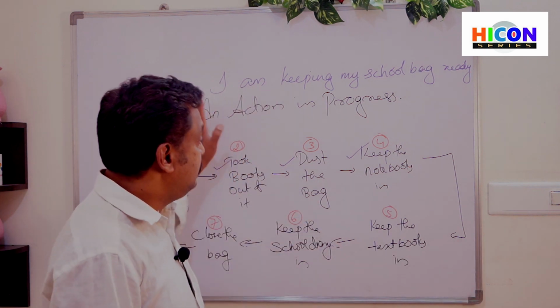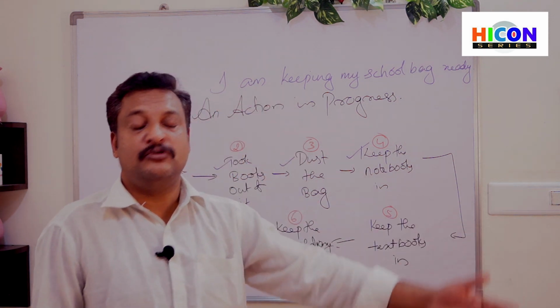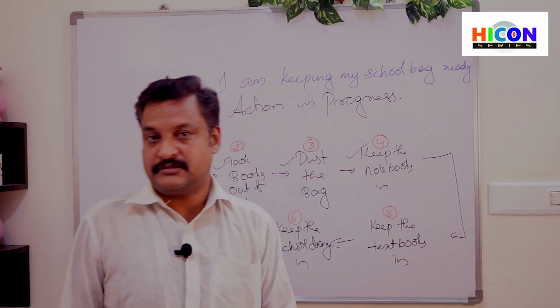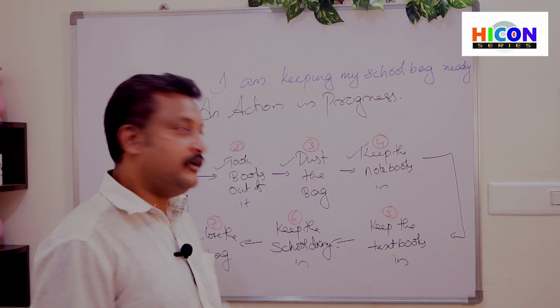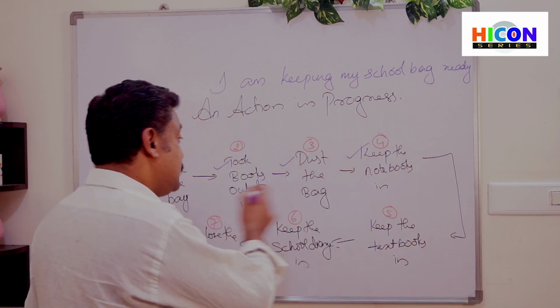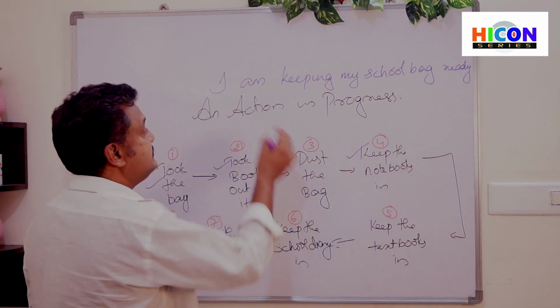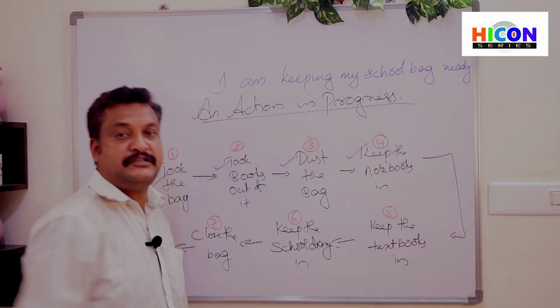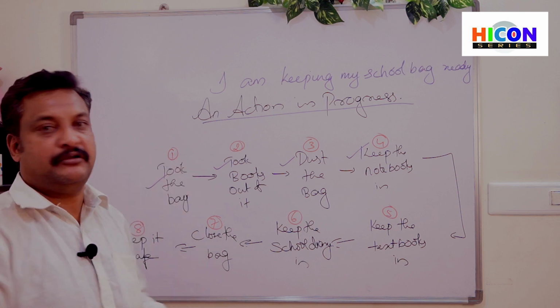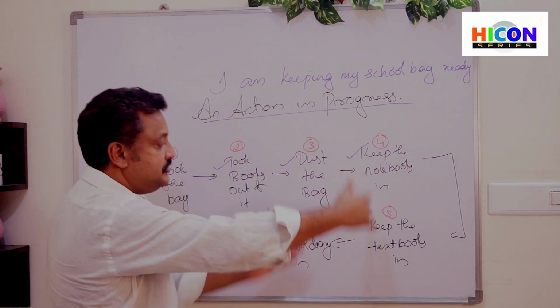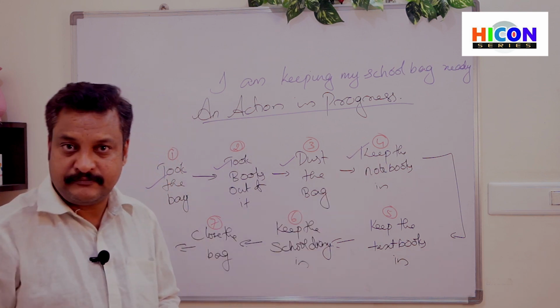Okay, I keep my school bag ready is impossible because we have not completed the task. Okay, we are still in the process. The process or the action of keeping the bag ready is in progress, isn't it? It's improving from one stage, second stage to third stage, third to fourth stage, fourth to fifth stage, isn't it?